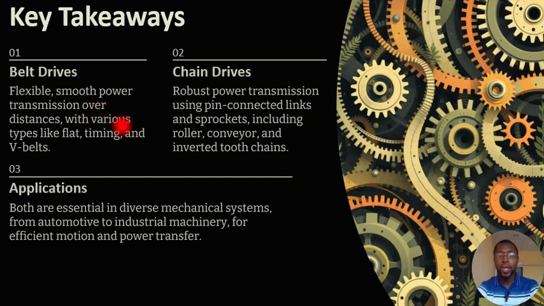Number two, we learned about chain drives, that they transmit more robust power than belt drives, using pin connected links, just like the rollers and the shaped link. And then we talked about their types. We have the roller chain, the conveyor chain, and the inverted tooth chain, just like we have different types of belt drive too: flat, timing, and V belt.